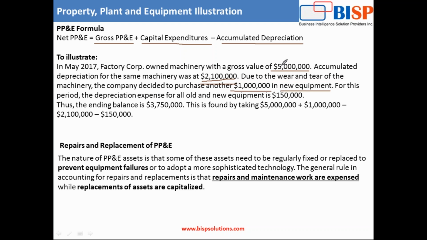So you have 5 million and 1 million. For this purpose, for the period of depreciation, the total depreciation recorded for all old and new equipment is 150, right? So we calculate the ending balance.